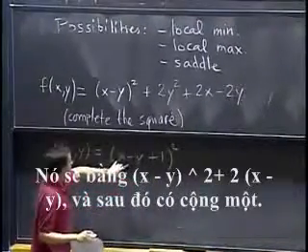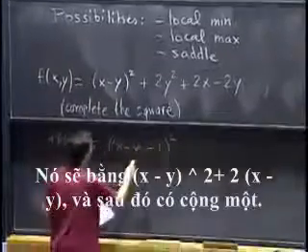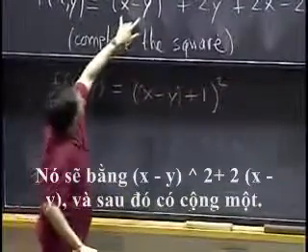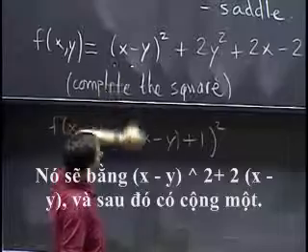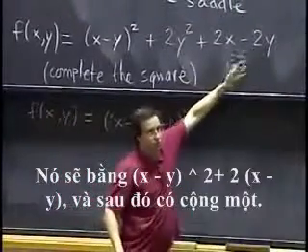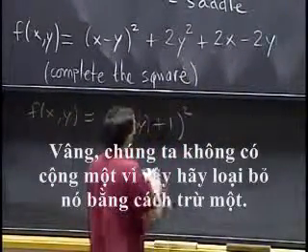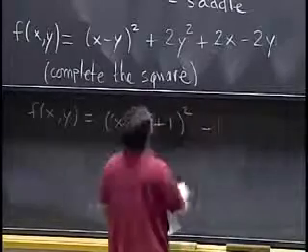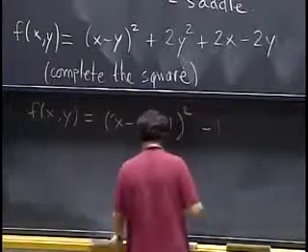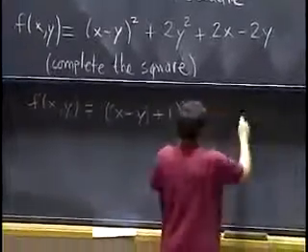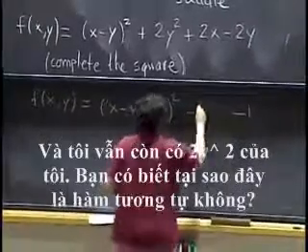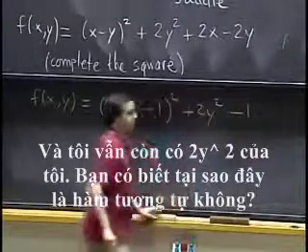That would be (x minus y) squared plus twice (x minus y), and then there's a plus 1. We don't have that plus 1, so let's remove it by subtracting 1. So I write that minus 1 here, and I still have my 2y squared.